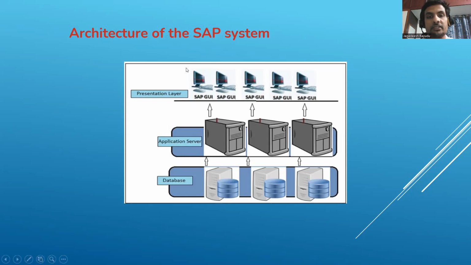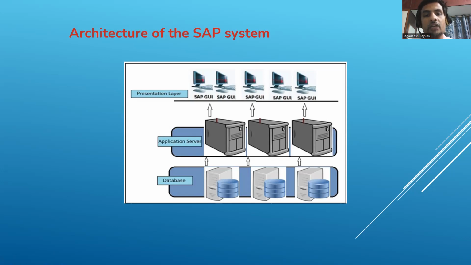Once you send the request, the application server, if the document is accepted, processes the logic and asks the database to save the request, or sometimes to fetch the details.